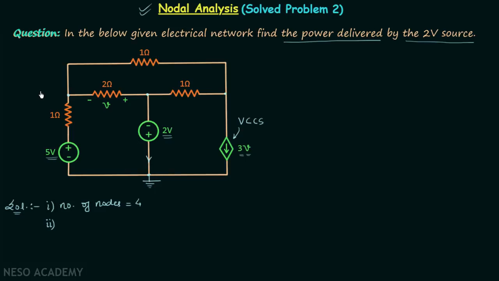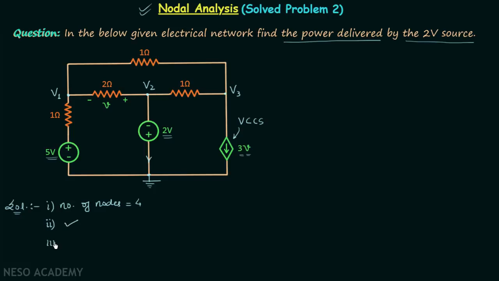And now we are left with 3 non-reference nodes, and we are required to assign the voltages to the non-reference nodes, and therefore we will assign V1 voltage to the first non-reference node, V2 voltage to the second non-reference node, and V3 as the voltage to the third non-reference node. So we are done with step number 2.